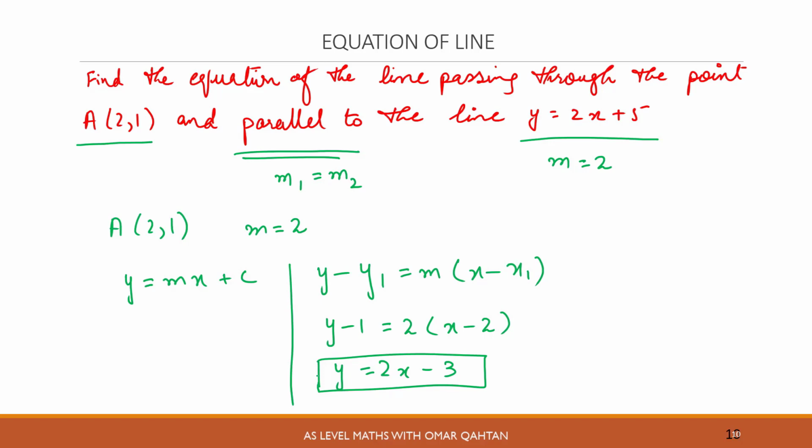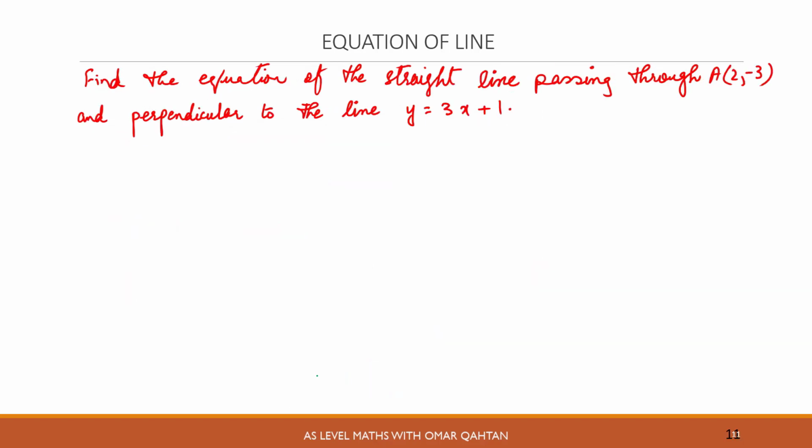Now look at another question in which we have a straight line passing through A and perpendicular to a line. In this question we have to find the equation of a straight line passing through A and perpendicular to the line y equals 3x plus 1. The most important thing is this perpendicular condition.